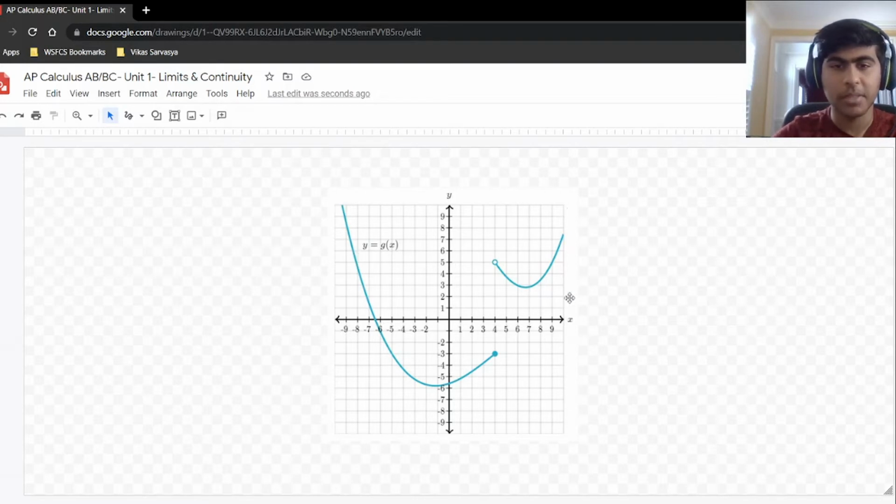And from the right-hand side, the positive x side, we're approaching +5 as x becomes 4. And since these limits are different from each side, there is no limit. Even though the function is defined at this point, down here at -3, there is no limit because the function is not approaching a single value.